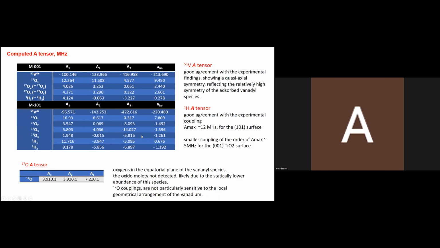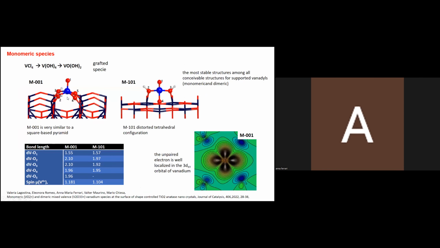Okay, now we look at the computed tensor. First we look at the vanadium, here for 001 vanadium, okay? We see that we have a very large contribution only for one of these components. And this suggests that there is a quasi-axial symmetry, because you see you have a sort of axis of symmetry.